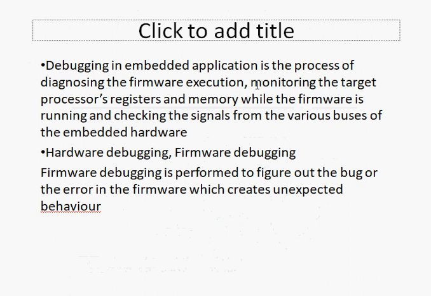Also, one more thing is monitoring the target processor's register and memory while the firmware is running. You might have observed when you run a particular application, there are different components present in your debugger, such as the watch window and CPU registers.